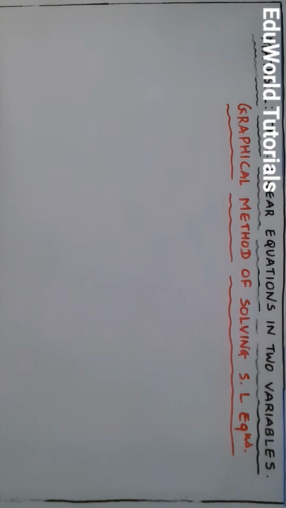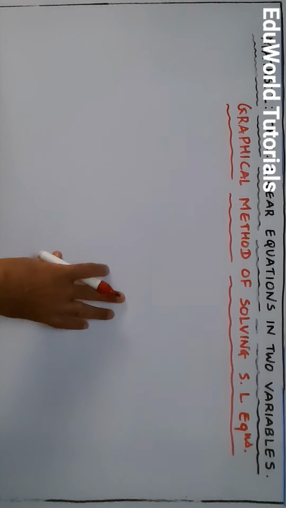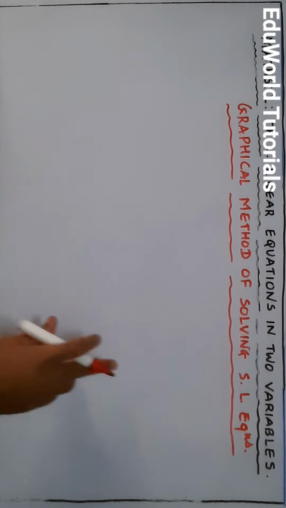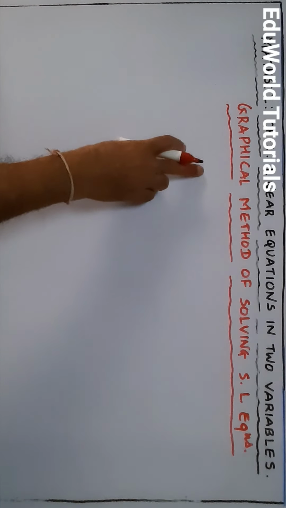The method is called the graphical method of solving simultaneous linear equations. Now students, you are familiar with the graph, the x and y axis and the x and y coordinate system. That knowledge which you studied in 9th standard will be useful this year.